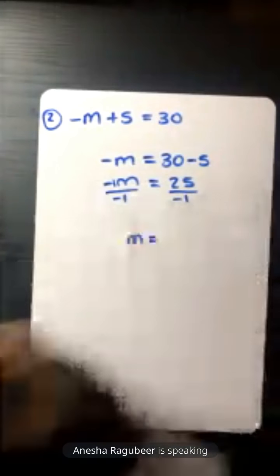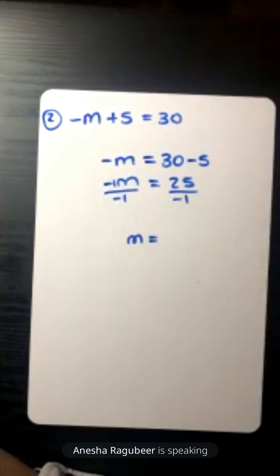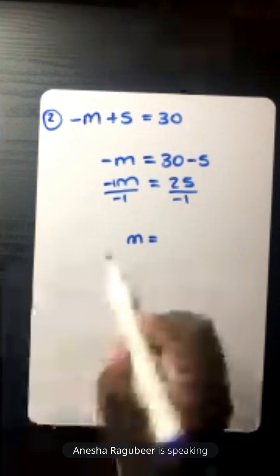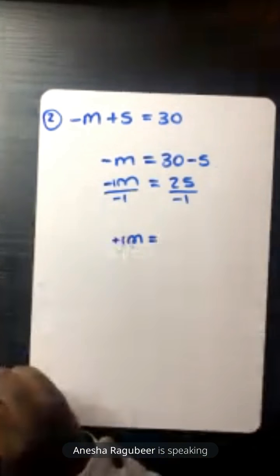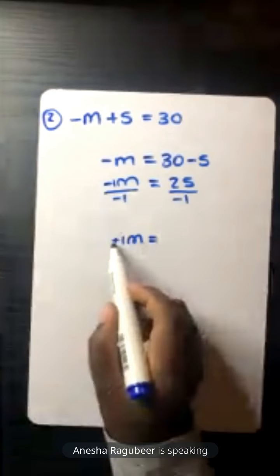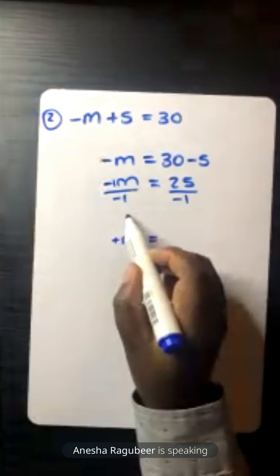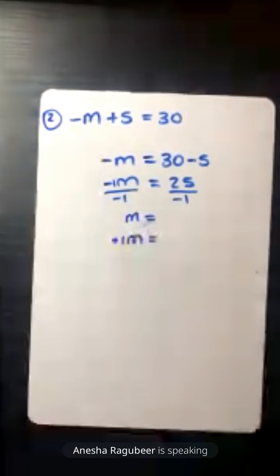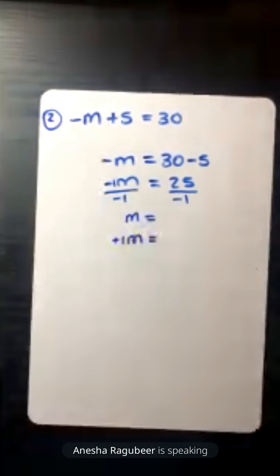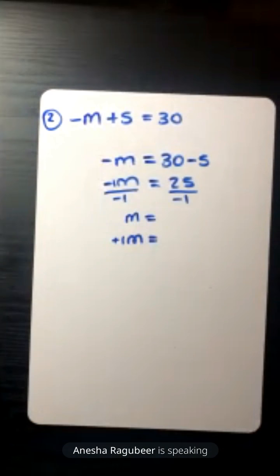It's +1, isn't it? Yes, sir. So can you see there is that +1 over there? +1m is the same as just +m. Can you see? Yes, sir.